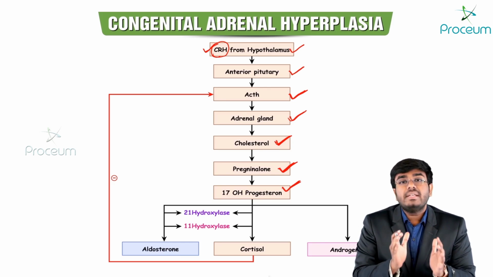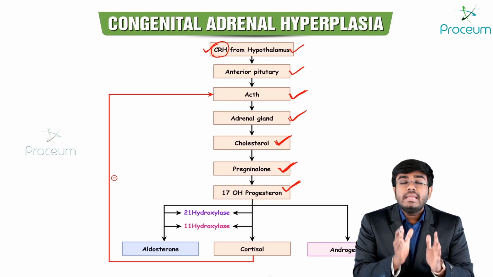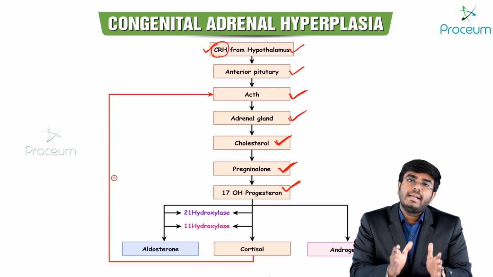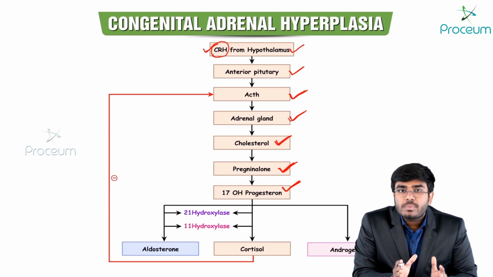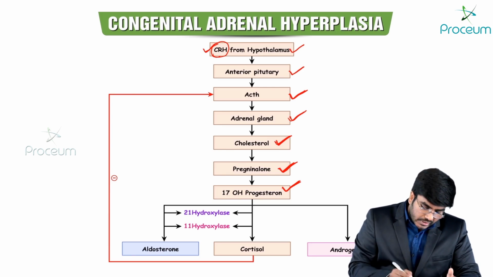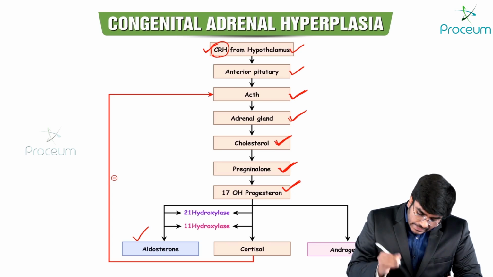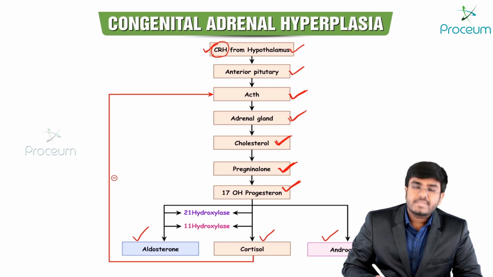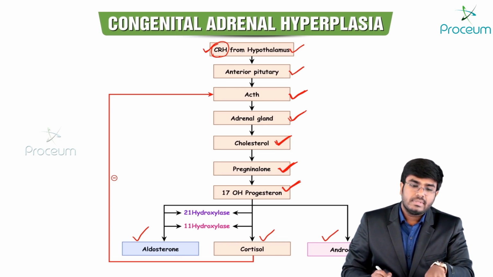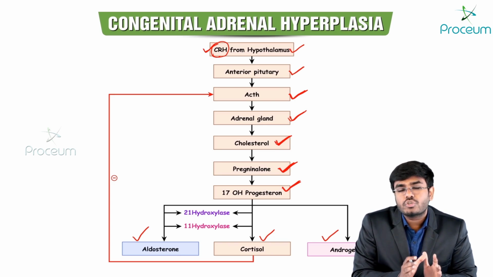Now this 17-hydroxyprogesterone goes into three different pathways. What are the three pathways, guys? It can be converted into aldosterone, into cortisol, and into androgens.